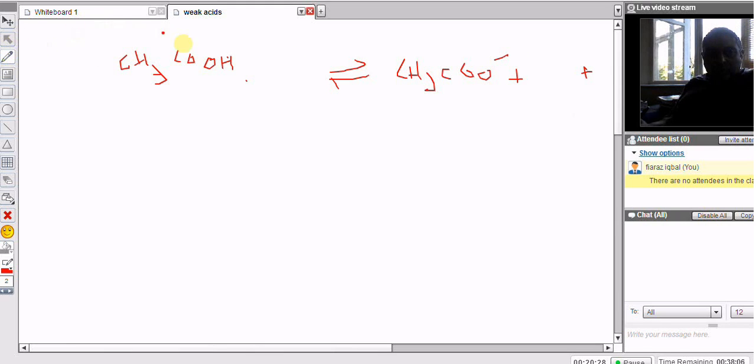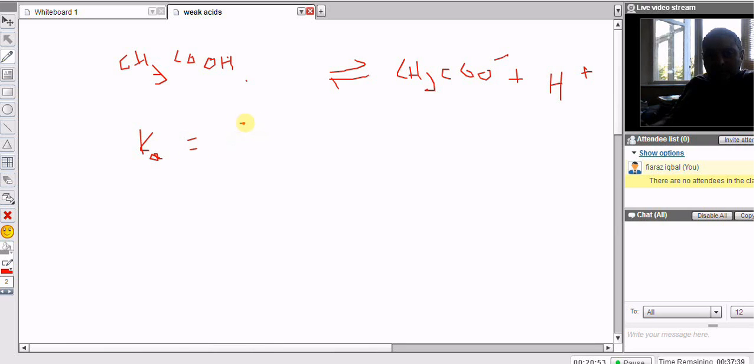From before, what did we do? We did equilibrium. So I'm going to write Kc, because that's what equilibrium is. But instead of writing Kc, because it's specific for acid, I'm going to write Ka. And that's all. I've just renamed it specifically for acids as the acid dissociation constant. At the top we've got our products.